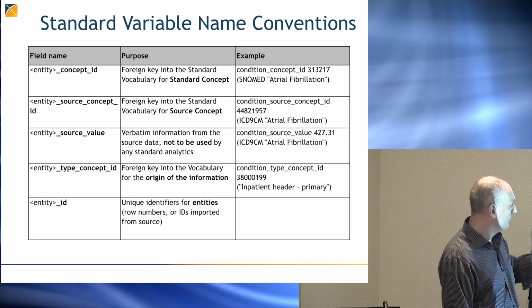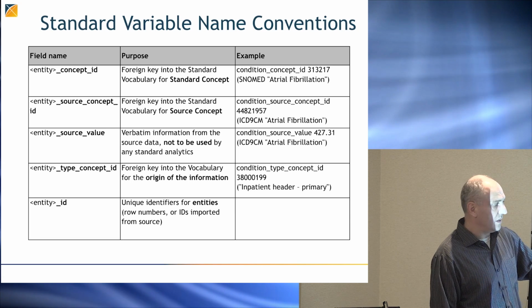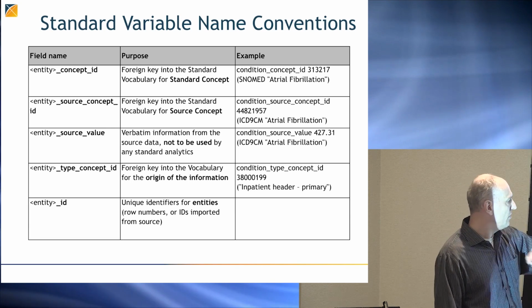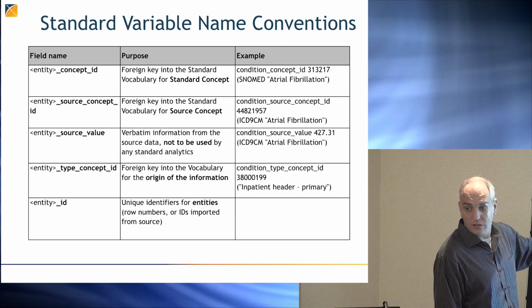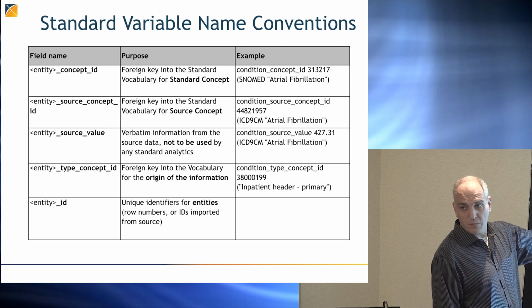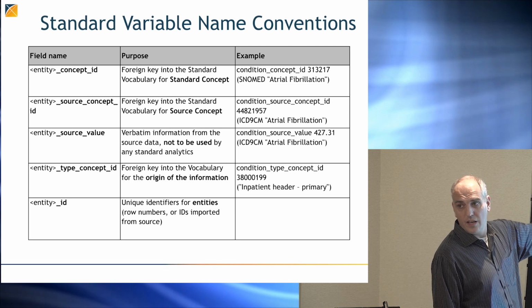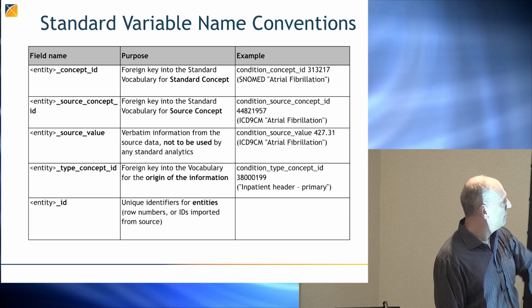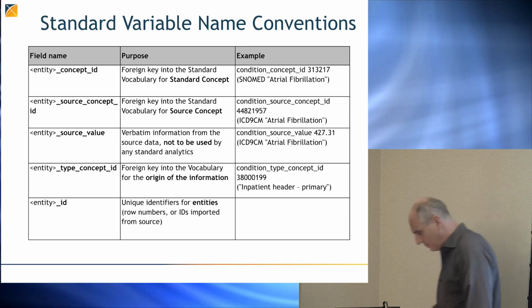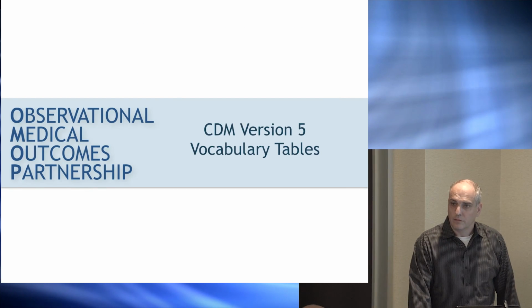You don't need that at all to think about it. Type concept ID is the origin of the information. Source is what the source thought, like some ugly ICD-9 code without a dot. Source concept ID is how we hold it, and the one which actually matters is procedure concept ID, or drug concept ID. Good so far?